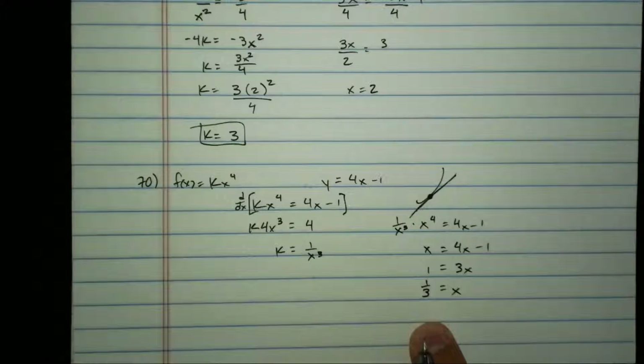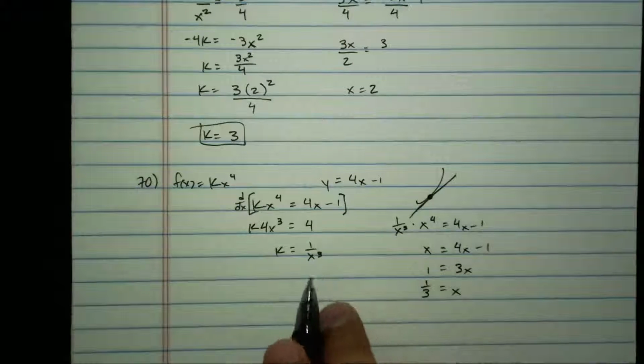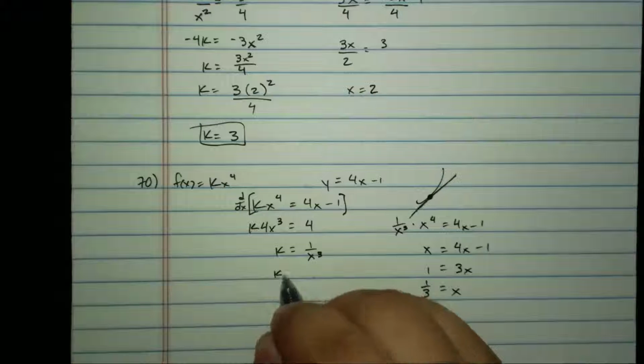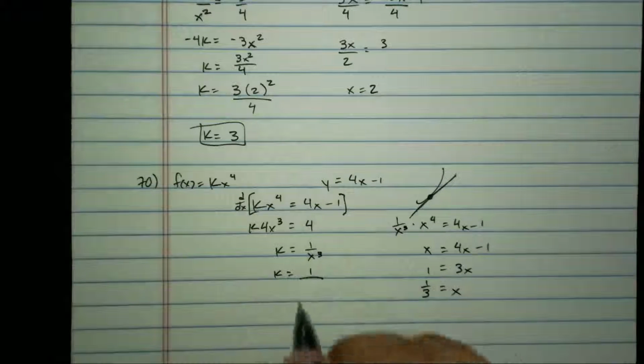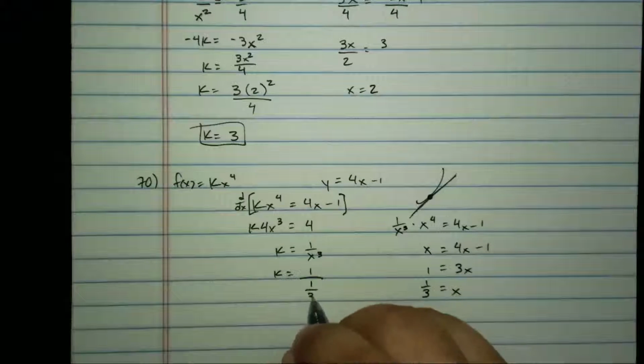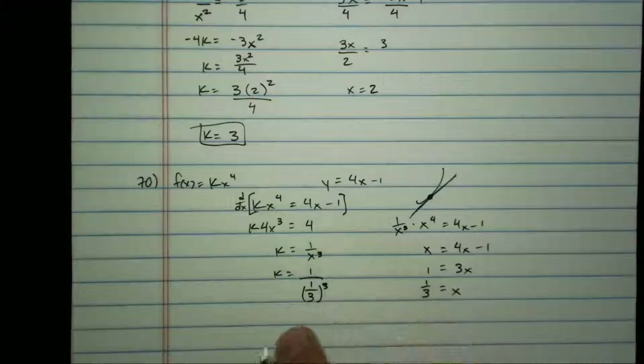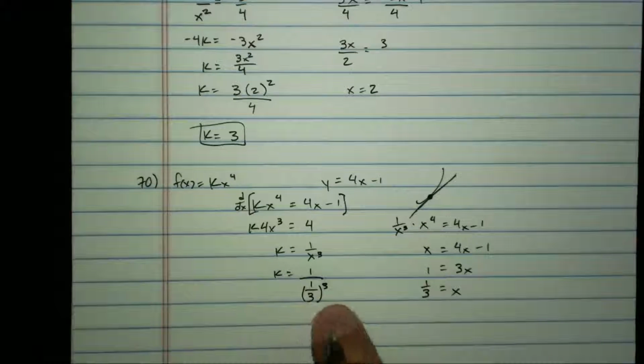Did I do that right so far? I think so. Okay, now you plug this bad boy back into here. And so you say 1 over 3 cubed. This is the same thing as saying 1 over 27.